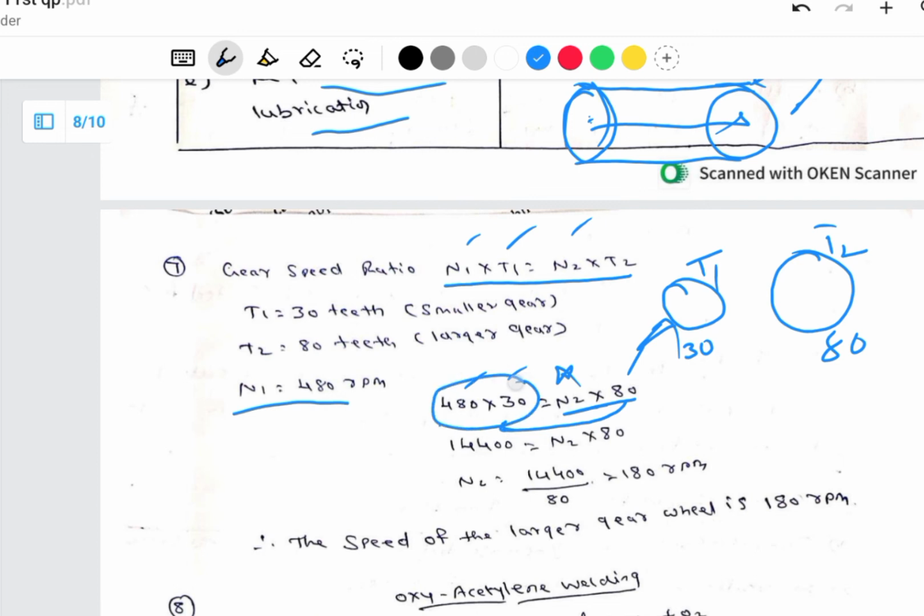So 480 into 30 is 14400, divided by 80. You keep N2 on this side and all the data on the other side. That's what they have done here.